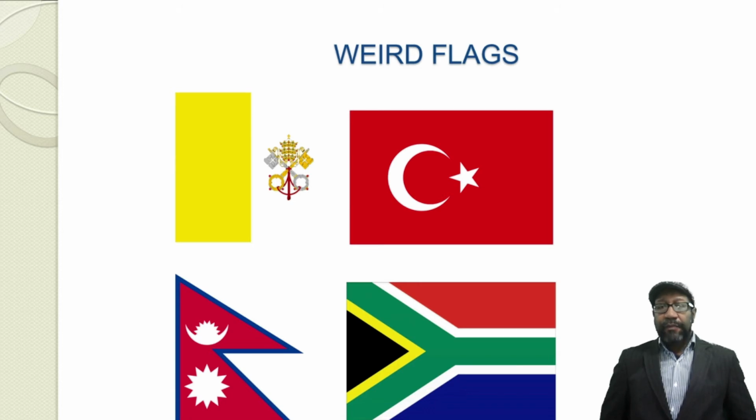Then we go to this red flag with a star and a kind of crescent moon, right? I guess this is the name. This is the Morocco flag, okay? And this symbol, the moon and the star, you can find in many Arabic countries.